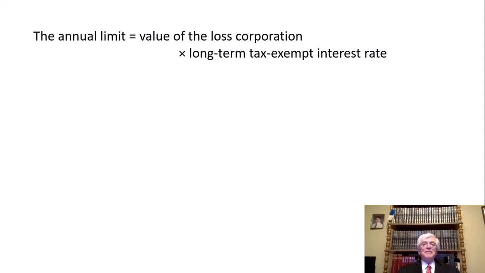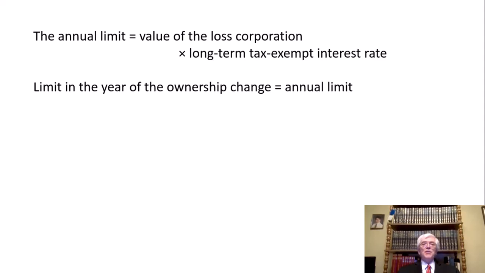So the long-term tax-exempt interest rate is about the lowest interest rate that you can have. The limit in the year of the ownership change is that annual limit times the fraction of the tax year remaining. So in the year of the ownership change, you don't even get the full annual limit. You only get the amount for the 20% of the year remaining if you did it on October 19th, or whatever the fraction of the year is remaining.